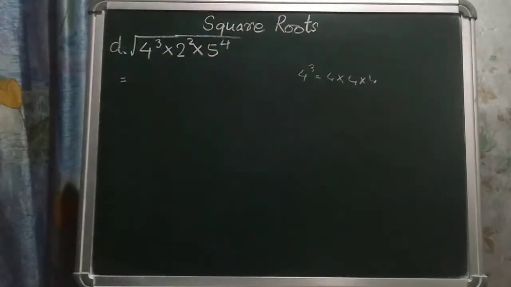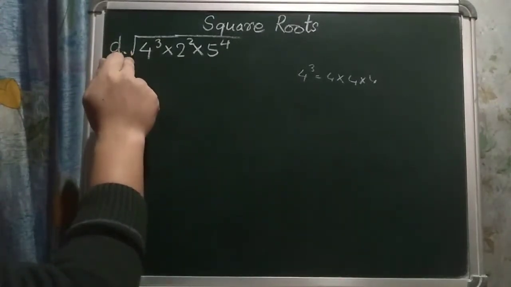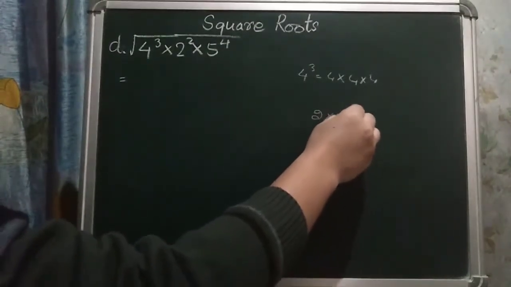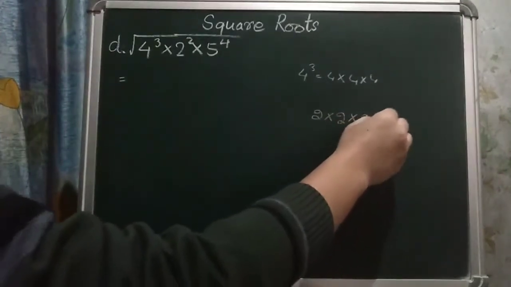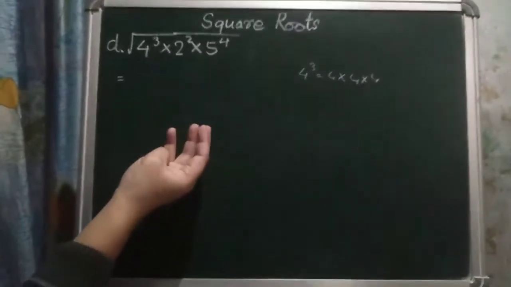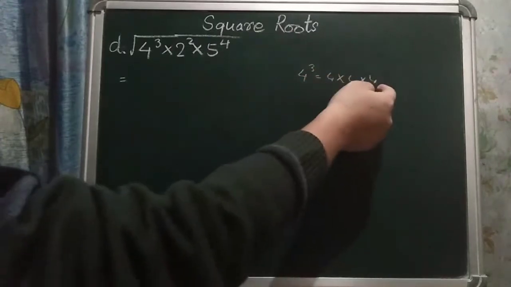Okay, so 4 to the power 3 usually means 4 into 4 into 4. But since this is a square root, we need something that has an even number of factors. We have to do something that we can multiply 2 times, 4 times, 6 times, 8 times, not 3 times or 5 times.